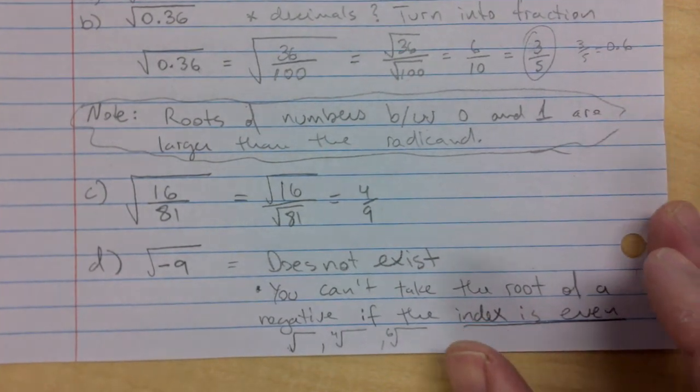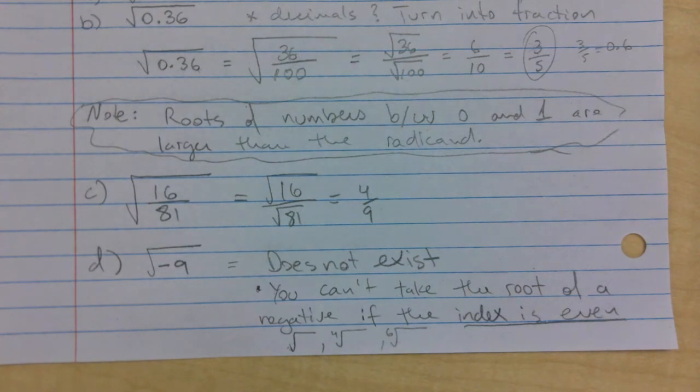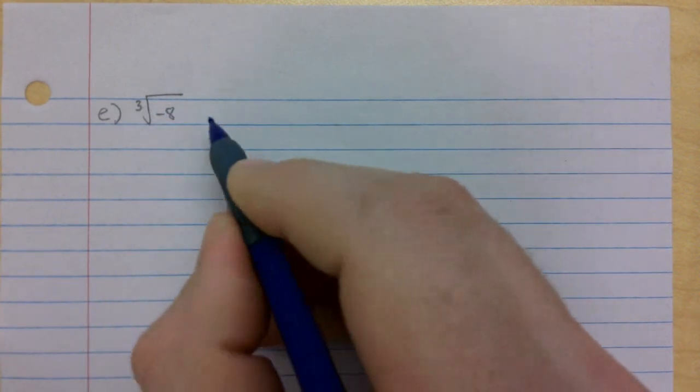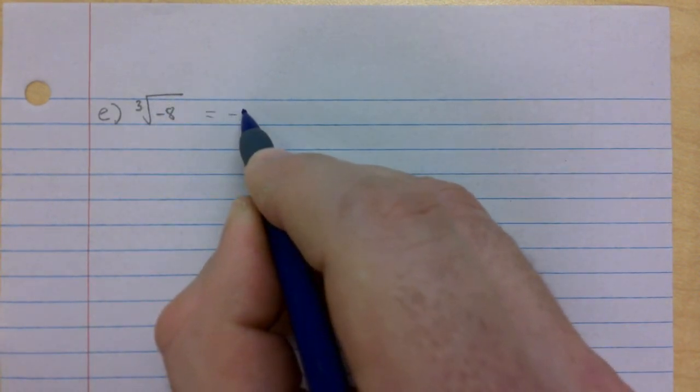And here we have another one. Let's continue with one more example. E, the cube root of negative 8 is equal to negative 2.